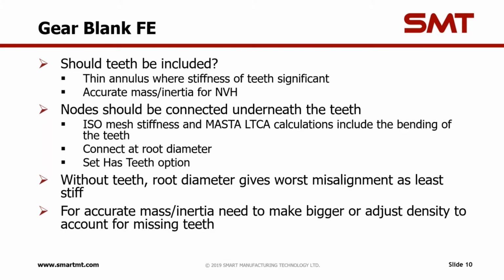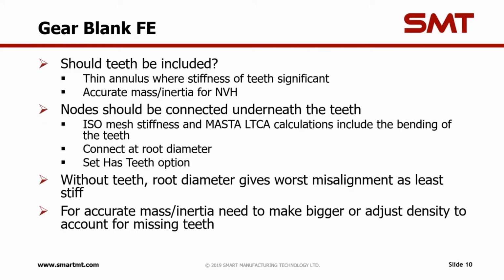If you are including the teeth, then one important thing is to not connect to the surface of the teeth. So you might be tempted to put the node connected to the tooth flanks. We wouldn't recommend that, because the mesh stiffness we put into MASTA from ISO or from the LTCA calculations includes a factor for the bending of the teeth.